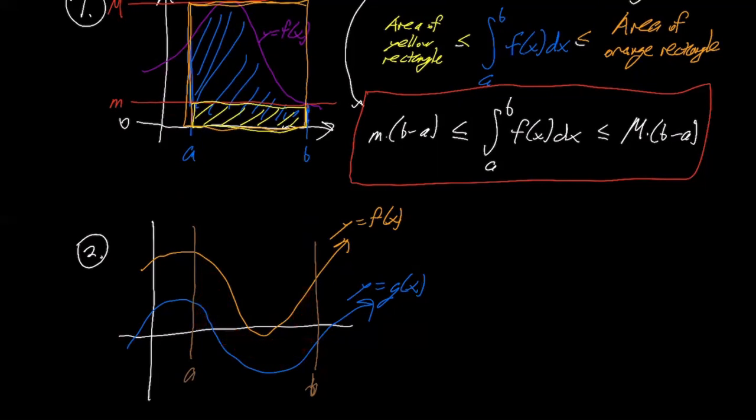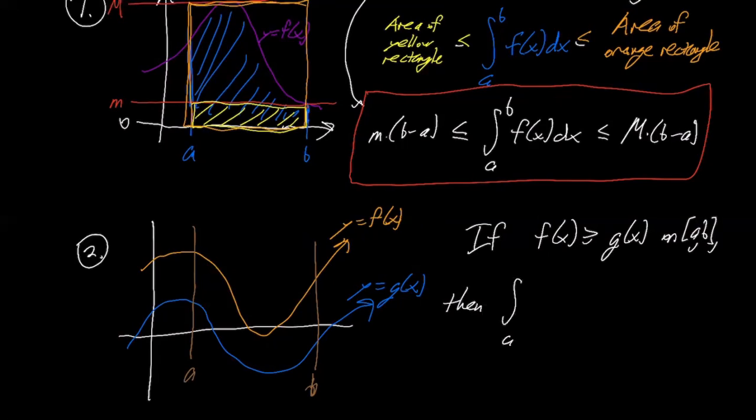So you can say pretty quickly, if f of x is greater than or equal to g of x on the whole interval from a to b, then the integral from a to b of f of x is greater than or equal to the integral from a to b of g of x. So if the function's higher, then the integral's higher also.